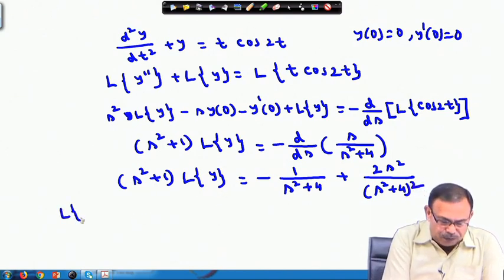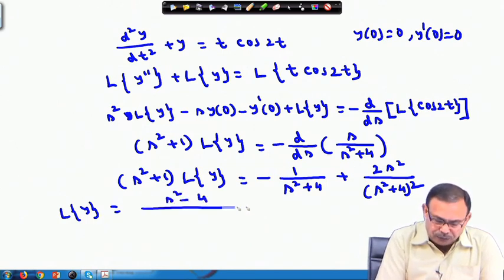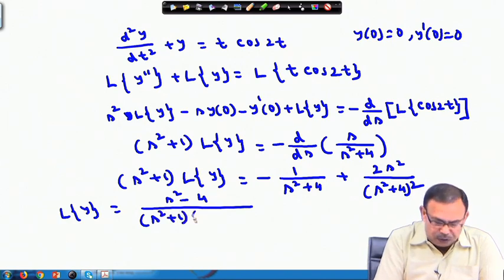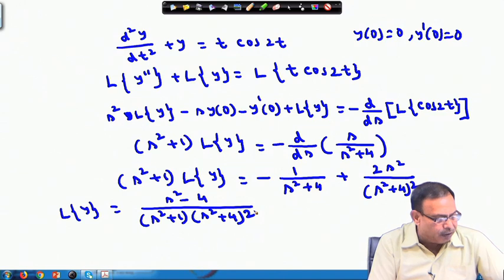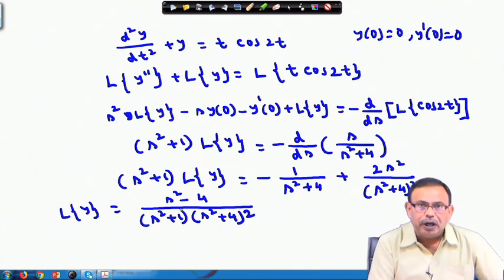Laplace transform of y equals s square minus 4 by s square plus 1 into s square plus 4 whole square. I am getting this. So, Laplace transform of y, by simple algebraic calculation, you are obtaining s square minus 4 by s square plus 1 into s square plus 4.